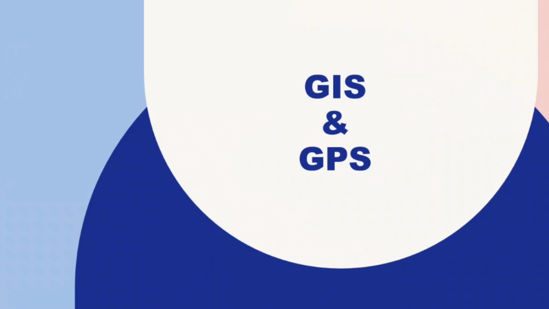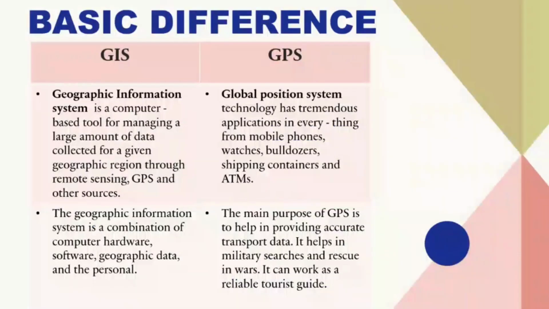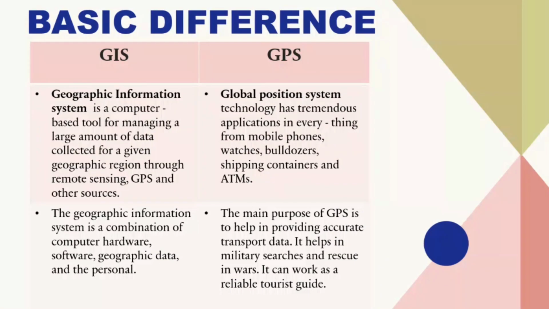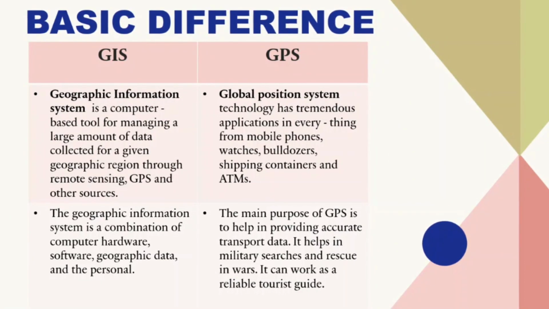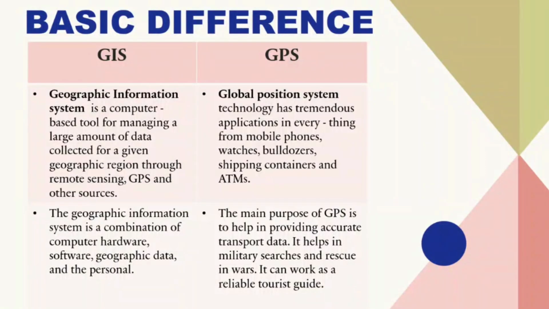Today I am gonna discuss briefly about GIS and GPS. Firstly, let us understand the basic difference between GIS and GPS. GIS means Geographic Information System, which is a computer-based tool used for managing and storing data collected for a specific geographic region.